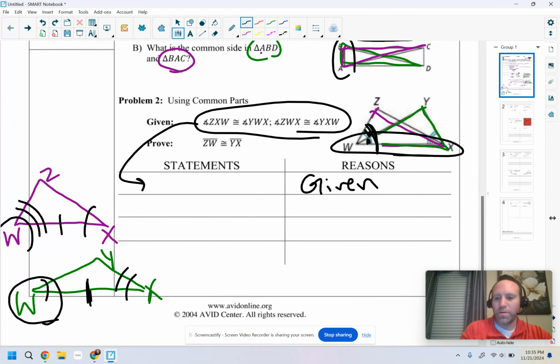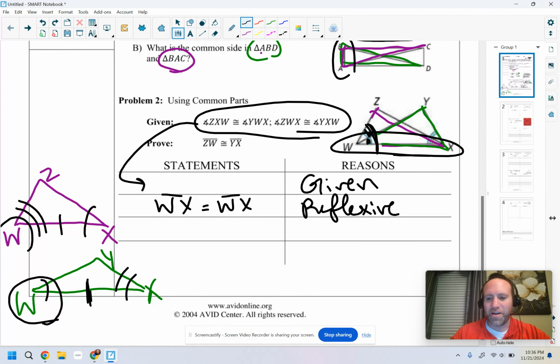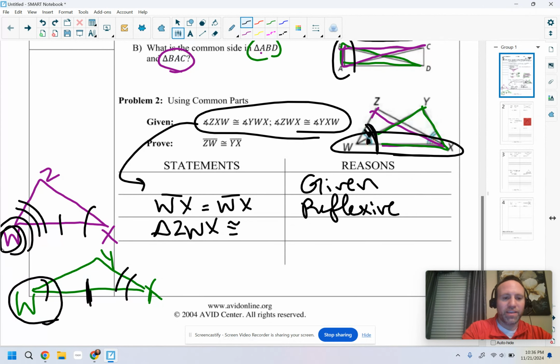Next up, again, we were already given that the base angles are congruent. So now I'm just going to say that WX is congruent to WX by the reflexive property. And then I can say that the triangles are congruent. It doesn't matter how I write the first one, but it does matter how I write the second one. So again, this W right here, the purple W, is congruent to the, sorry, I actually started doing the wrong one, this X right here.